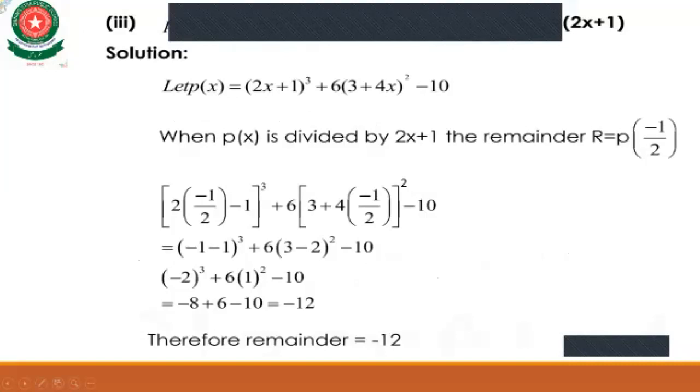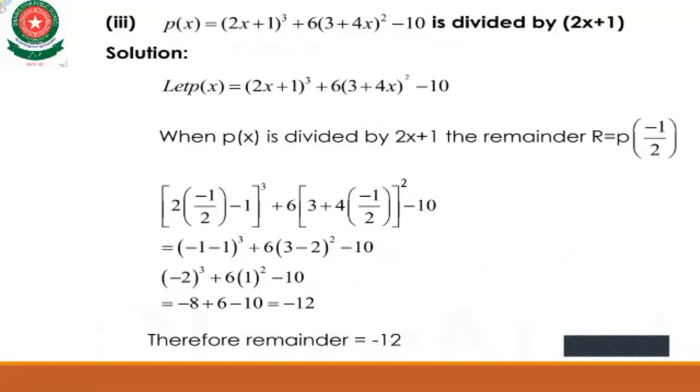Our next question is p of x is equal to 2x plus 1 whole cube plus 6 into 3 plus 4x whole square minus 10, when that is divided by 2x plus 1. First we have to know the value of x.